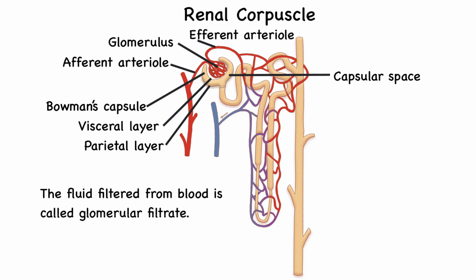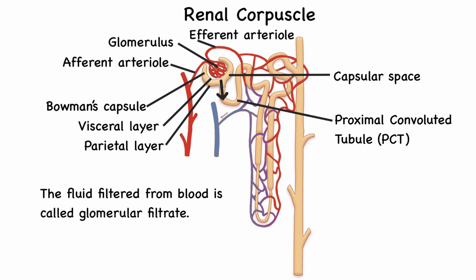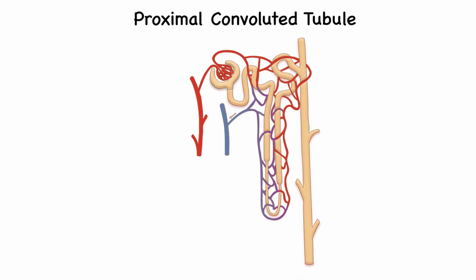From here, this fluid is going to enter into the nephron to determine what will remain in the nephron and eventually exit the body as urine, or what the body needs and is necessary to be reabsorbed back into the body. From Bowman's capsule, the filtered fluid will pass into the proximal convoluted tubule. The proximal convoluted tubule is lined with cuboidal cells that have microvilli.